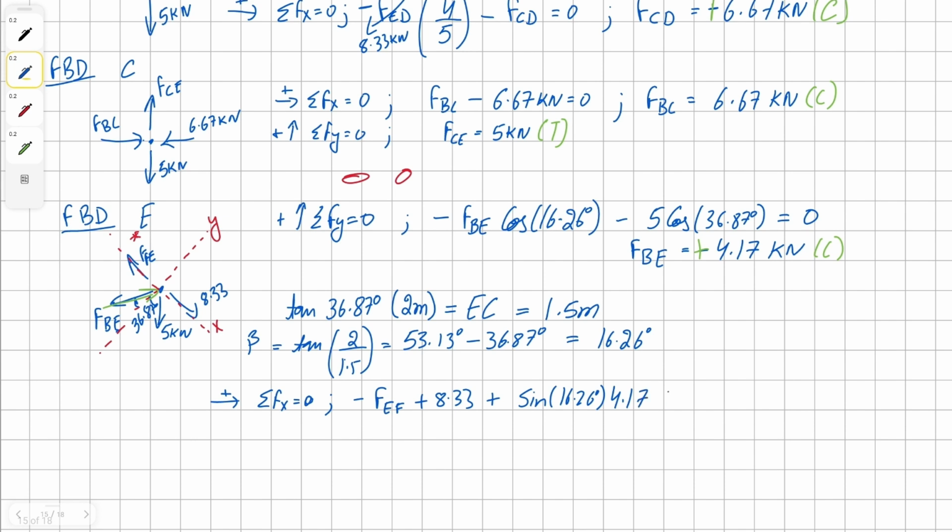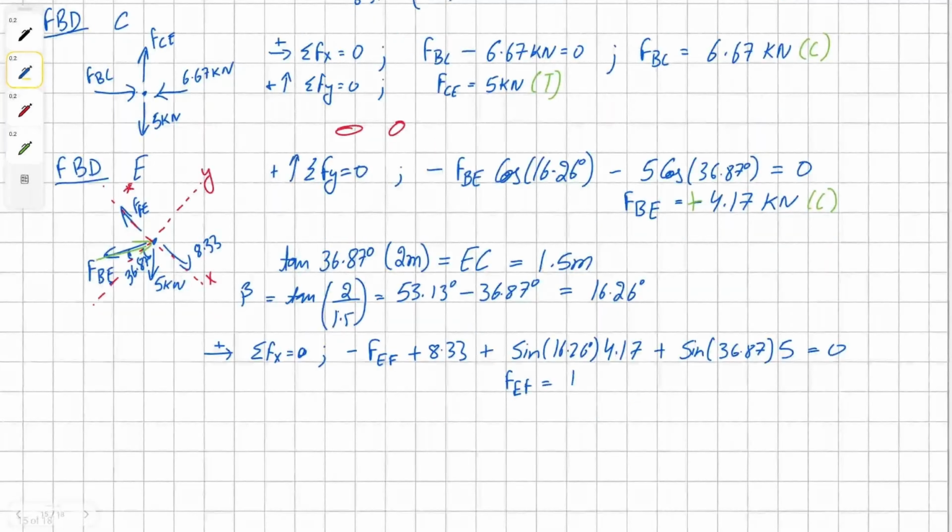And then the horizontal component of our external force reaction, all equals to 0. We get our solution for FE as 12.5 kilonewton. And this member is in tension.